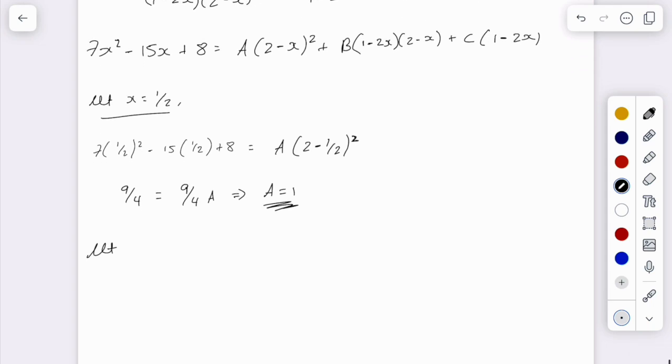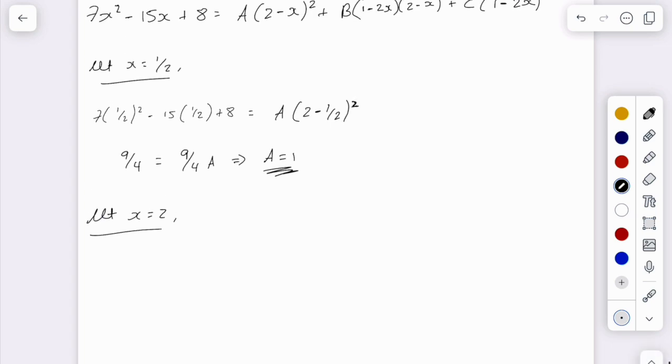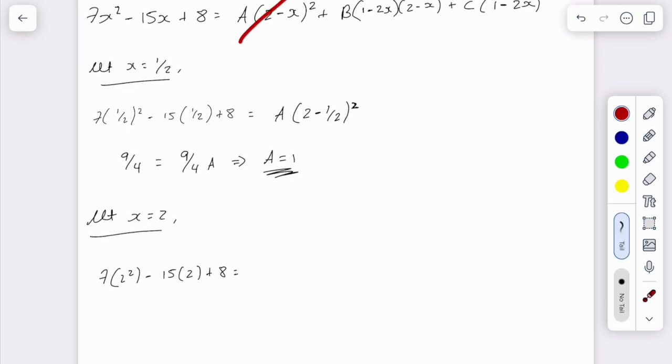Now, you know A equals 1. Let's say let x equal 2. If we let x equal 2, what we get is 7 times 2 squared, minus 15 times 2, plus 8 is equal to, well, these are going to cancel, because x equals 2, this goes to 0. C times (1 − 2), well, that's going to be equal to −3.